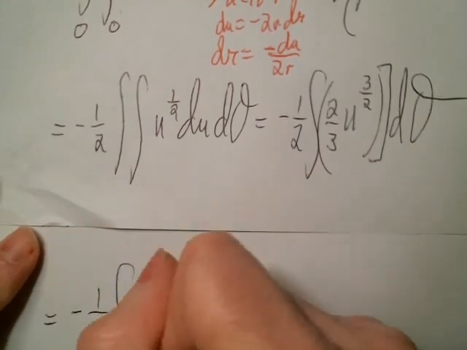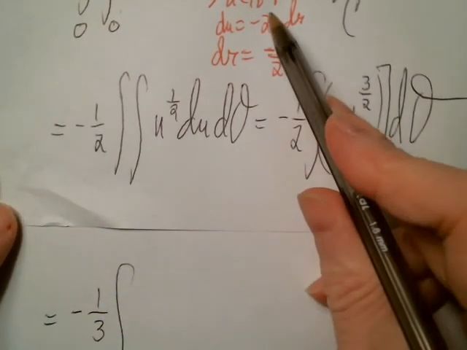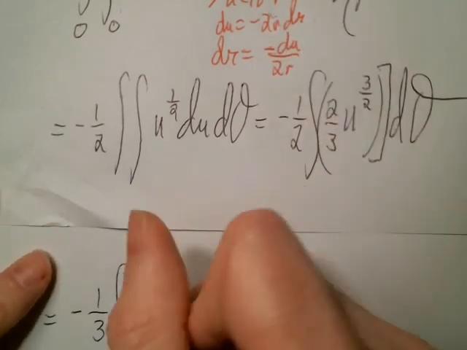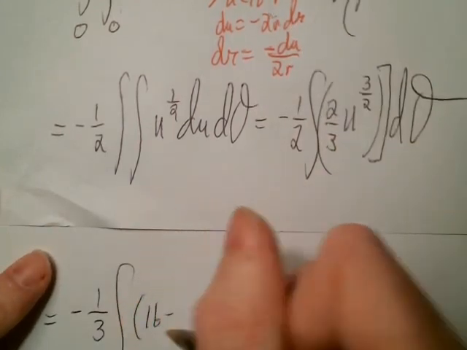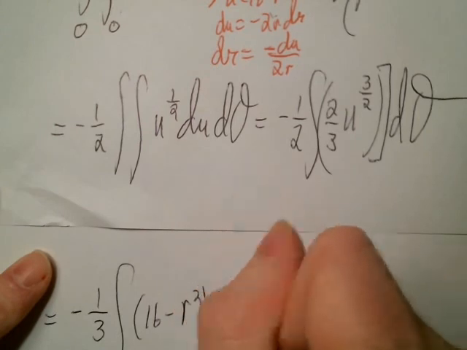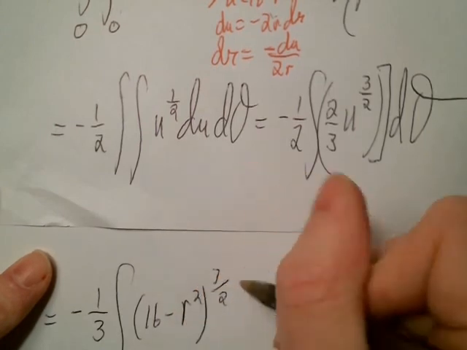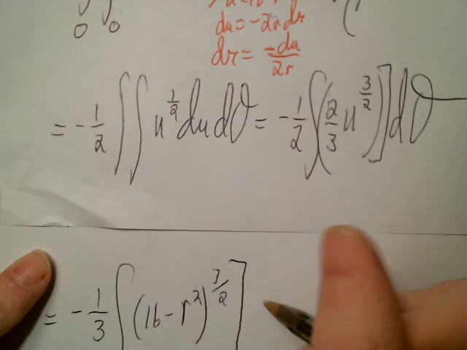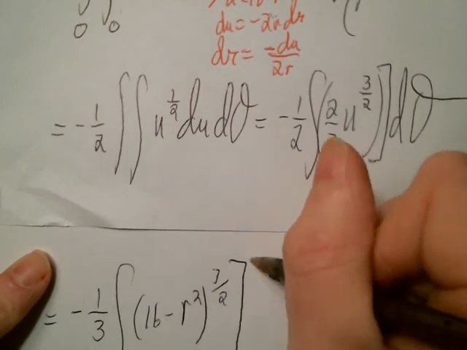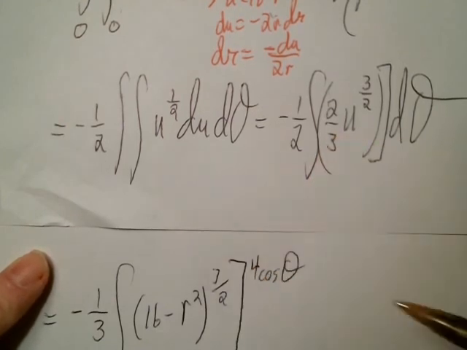I'm going to back substitute my u value, which is 16 minus r squared, into this expression. And I still have to remind myself to evaluate, so I'm going from 0 to 4 cosine theta, and then d theta.